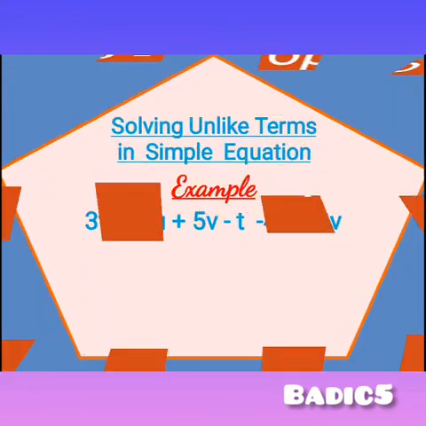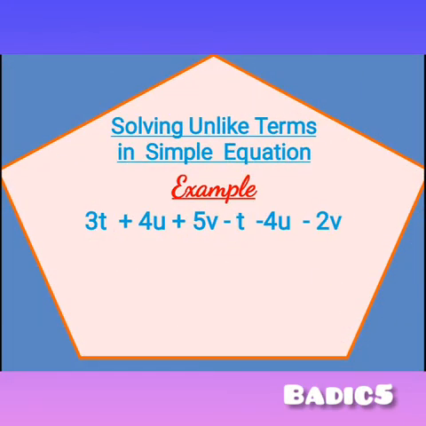Let's take another example, this time around with unlike terms in simple equation. Look at this. Why is it called unlike terms? Because we have different variables, variable t, variable u, and variable v. We bring the like terms together. Let's do that. 3t minus t.